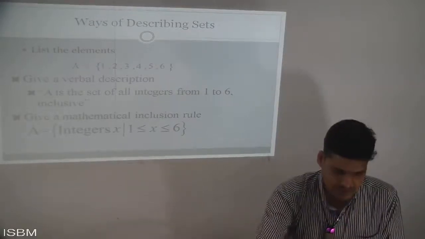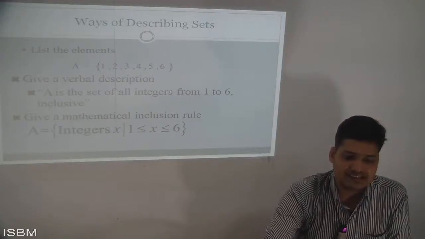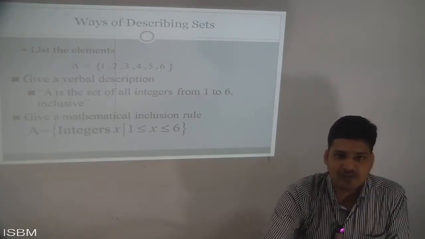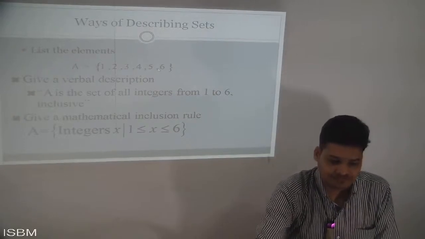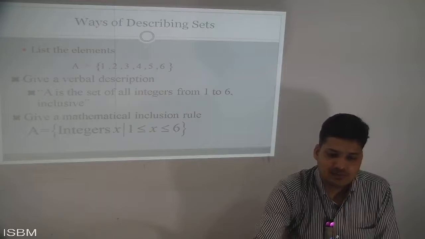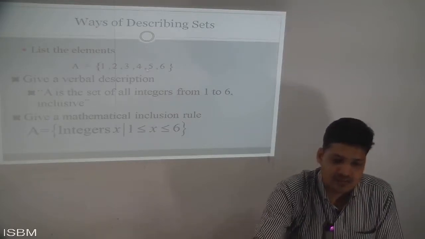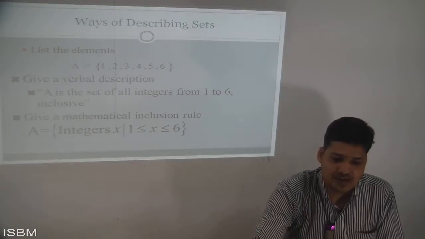Because we are using inclusive, A is a set of all integers. 1 2 3 4 5 6 are integers, so these are the integers of set A. As you know, 1 2 3 4 5 are numbers, which are also known as integers.